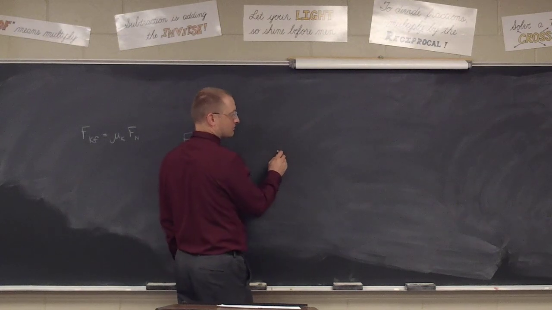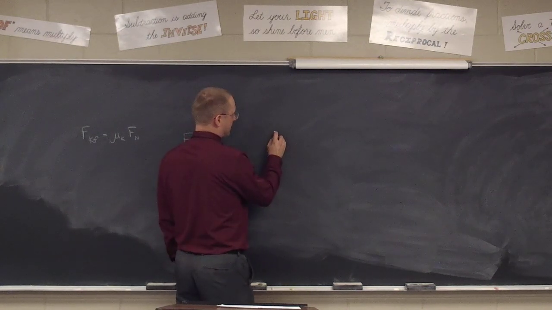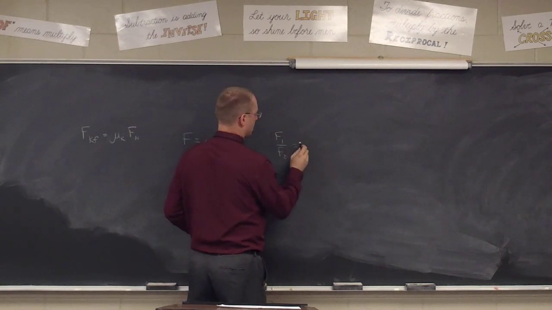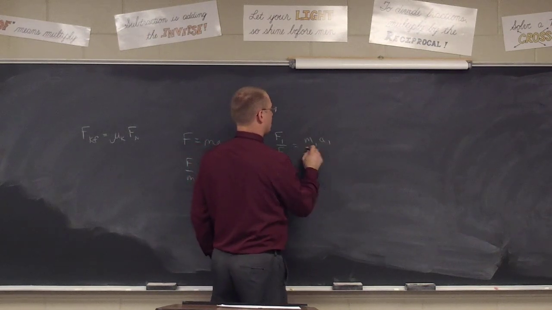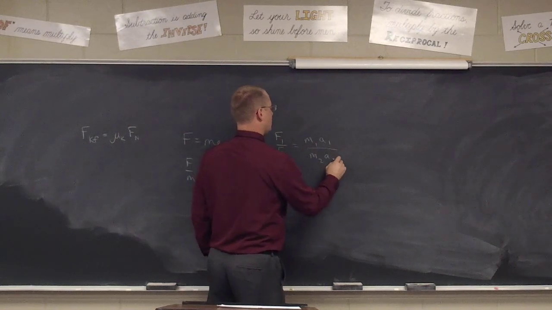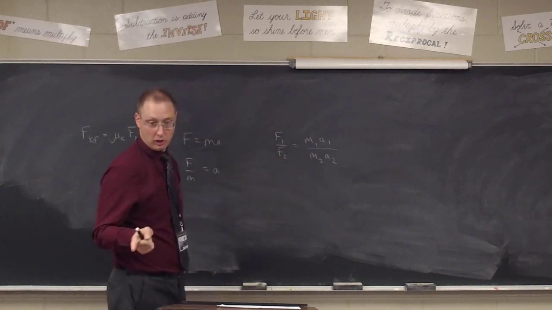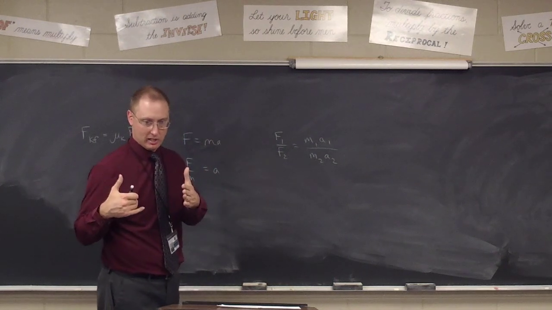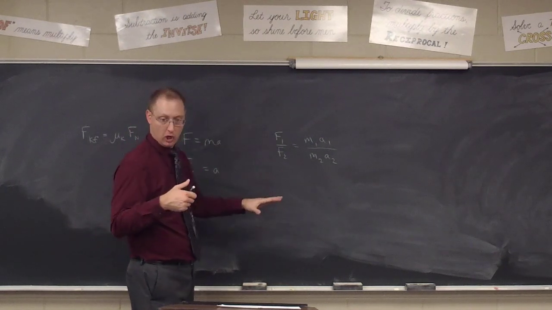It's like F1 over F2 equals M1 times A1 over M2 times A2. There we go, but it's the same t-shirt launcher, right? Whatever spring or air mechanism it uses, I think it's an air mechanism, to fire that t-shirt is the same regardless, right?